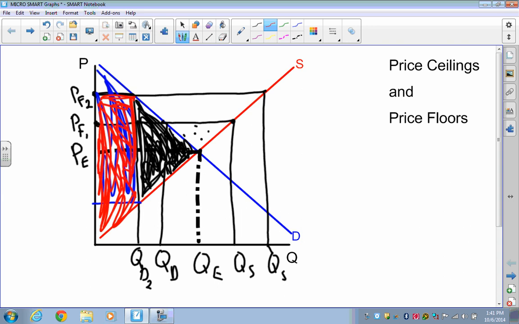Okay, and what happened to our consumer surplus? It's going to be right here in this small little corner. Sorry about that little mistake. So you guys understand? Would it make things better or worse? Larger surplus, larger dead weight loss. We get a lot more quantity supplied and a lot less quantity demanded. That would be bad.